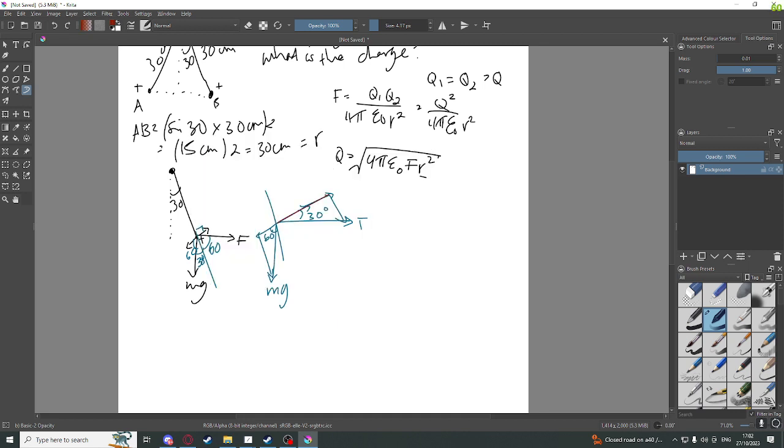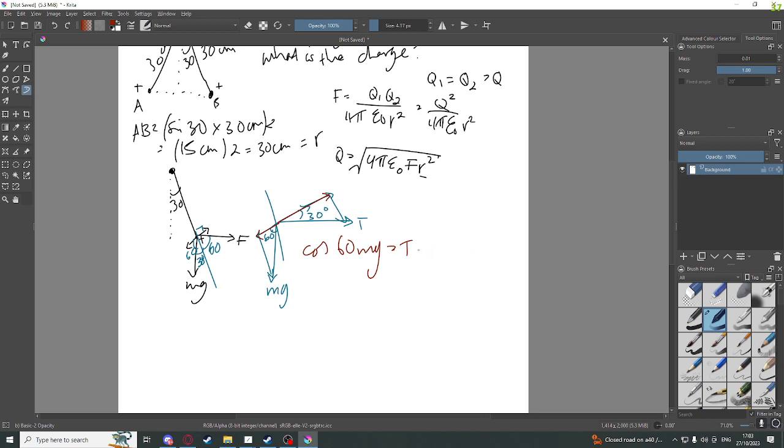So this vector here and this vector here are equal, and to find this here, I know that mg is my hypotenuse, so I'll use cos 60 times mg, which is this component there, and this component here will be T sine 60. Is that right? T cos, isn't it T cos? Oh, sorry, T cos 30.